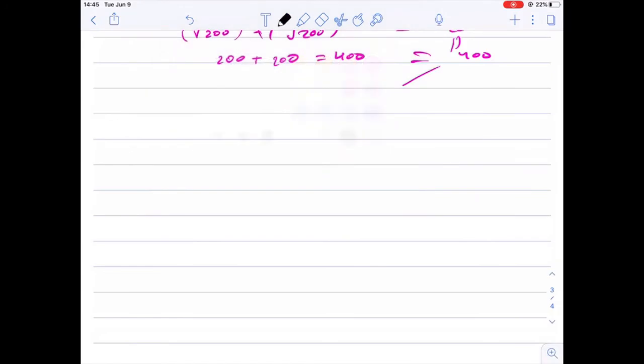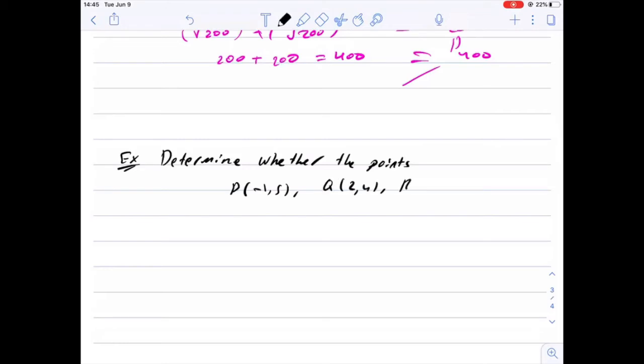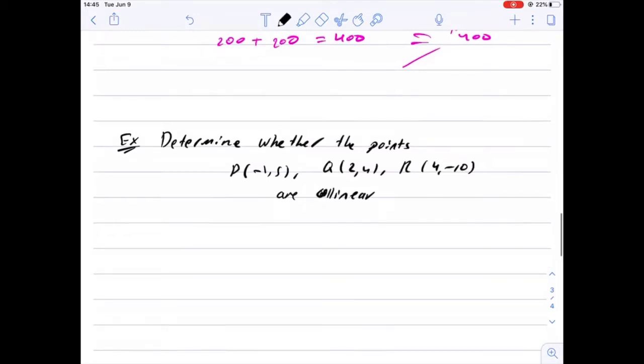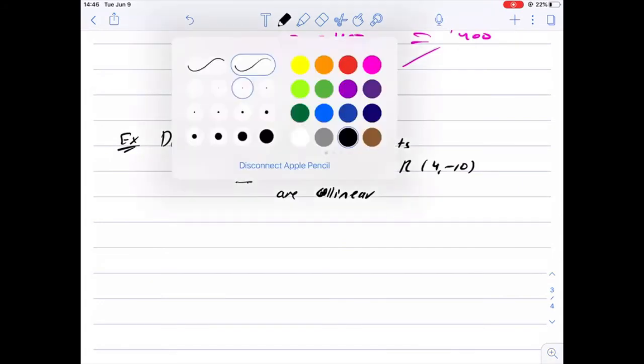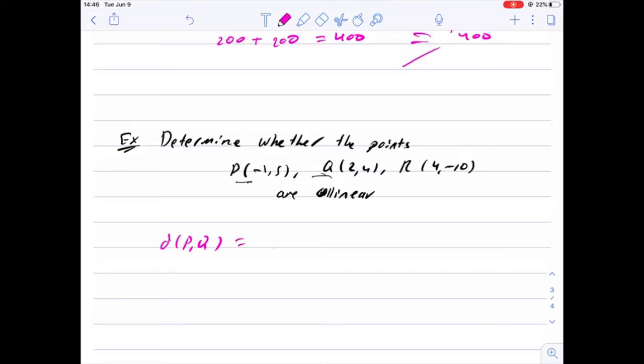So for example, if we want to determine whether the points P(-1, 5), Q(2, 4), and R(4, -10) are collinear, we first find the distance between P and Q. So the distance PQ is the square root of, this is x1, y1, this is x2, y2, so -1 minus 2 squared plus 5 minus 4 squared.